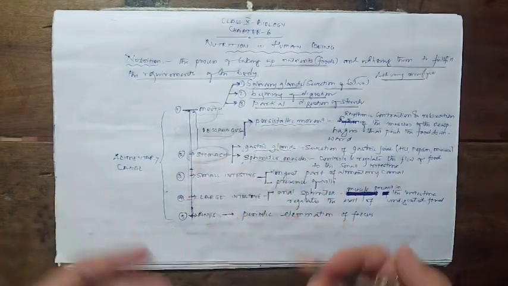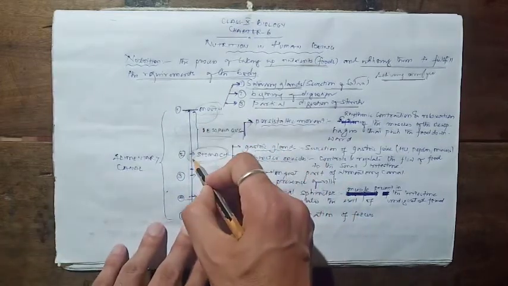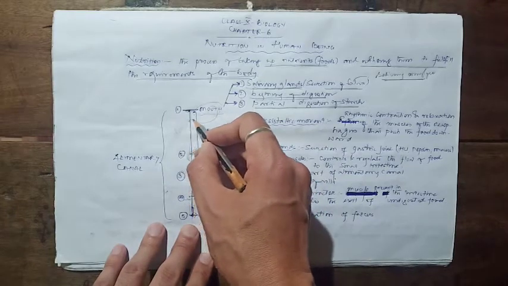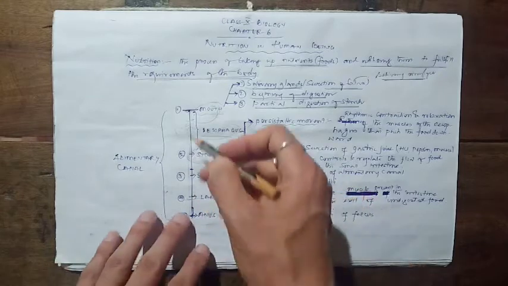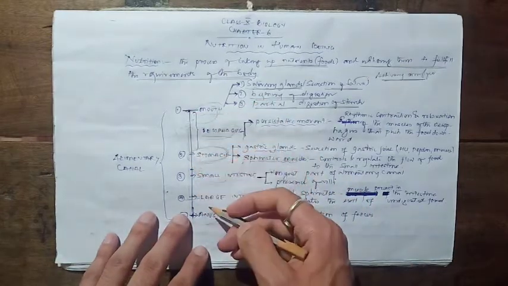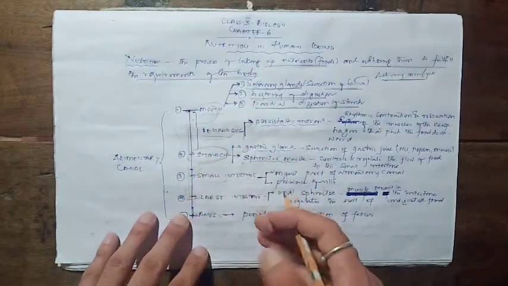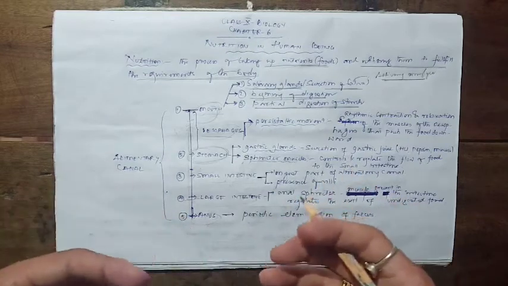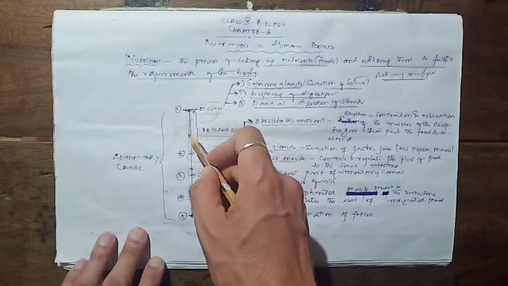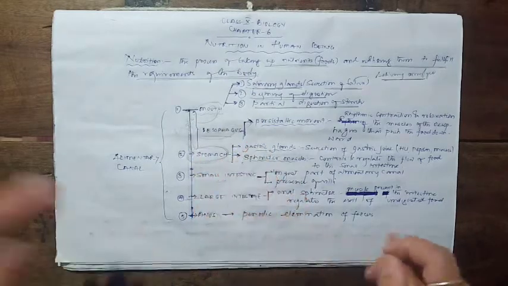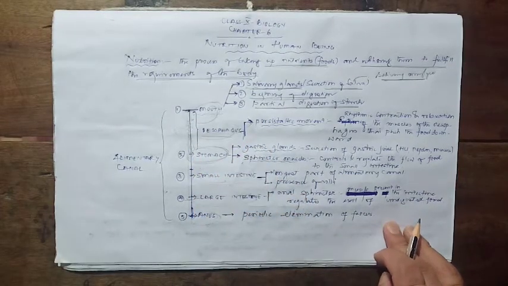This partially digested food is pushed towards the stomach by the rhythmic contractions and relaxations of the tube called the esophagus. These rhythmic contractions and relaxations of the muscles of the esophagus make the food move towards the stomach.